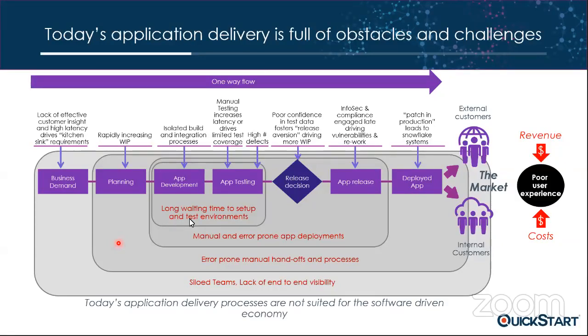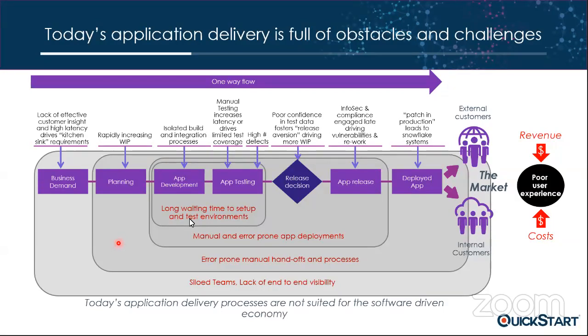Again, long wait times to set up dev and test environments due to the ever-increasing complexity of the app ecosystem, manual and error-prone deploys between the different stages, error-prone manual handoffs. Last but not least, each IT team is often a silo, right? Working in silos, they don't communicate and collaborate well.